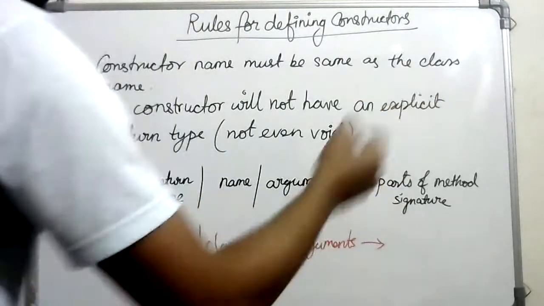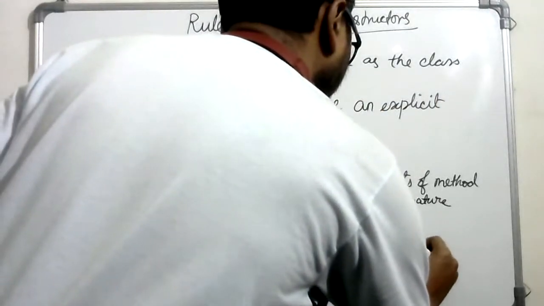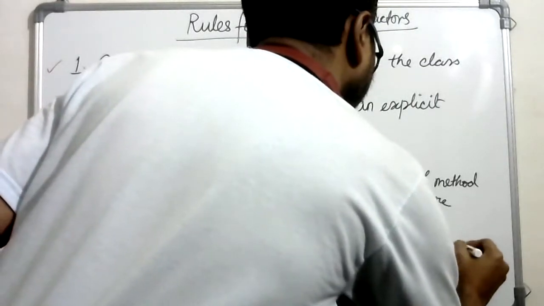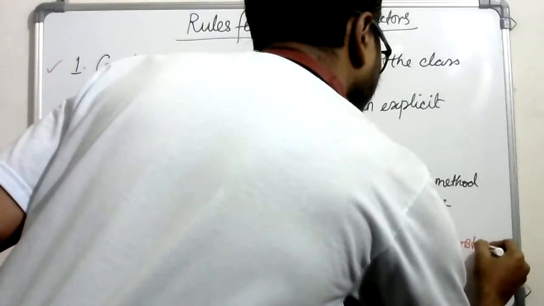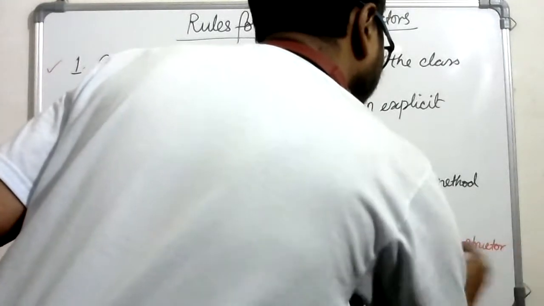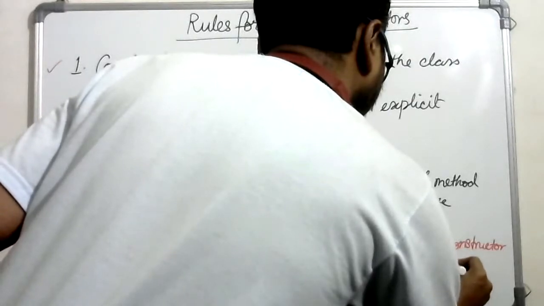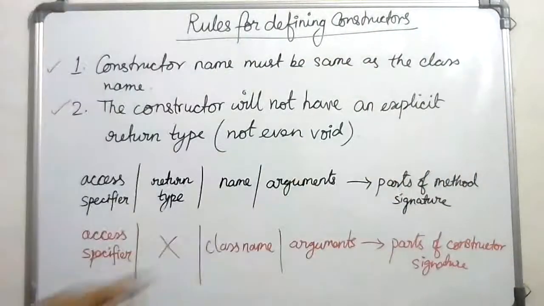So these are the parts of a constructor signature, if you may call it like that, or the first line of the constructor. I'm just calling it a constructor signature just to match it with the method signature. So if you compare the first line of a method and the first line of a constructor, these are the differences.